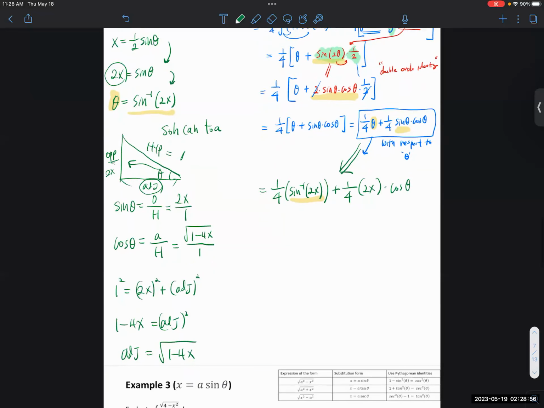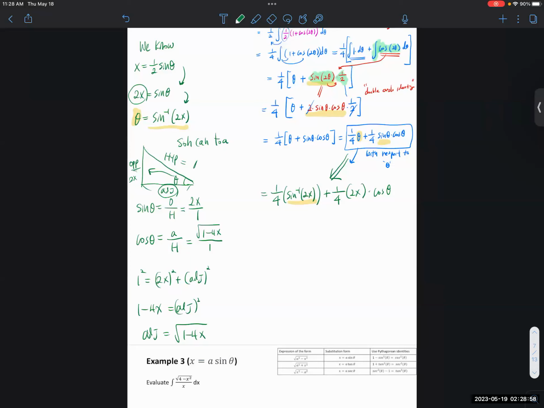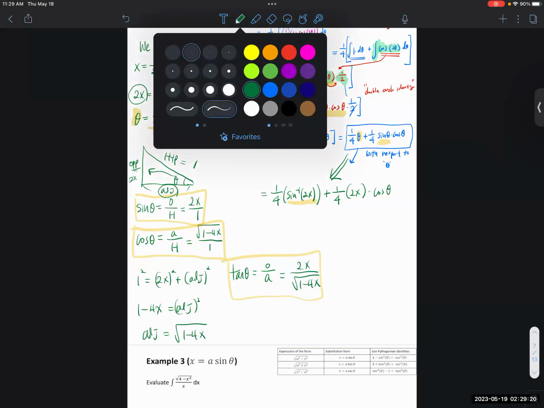That's actually how you find the cosine and sine. And you can also find the tangent theta, SOHCAHTOA: opposite over adjacent. Opposite is 2x, and adjacent is the radical 1 minus 4x squared we just evaluated. So you can find sine theta, cosine theta, and tangent theta in terms of x.